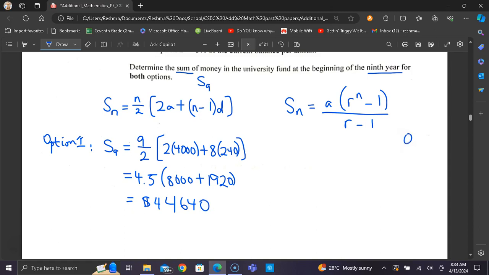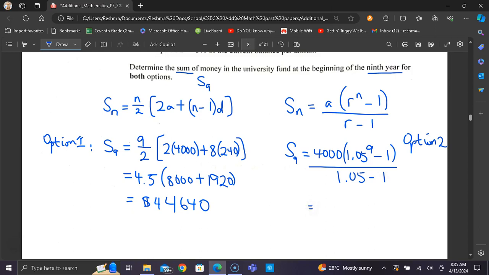So let's look at option 2 to find the sum of money in the beginning of the 9th year. So S9 will be equal to a, which is 4,000, times r, so remember r was 1.05, to the power of 9 minus 1 over 1.05 minus 1.